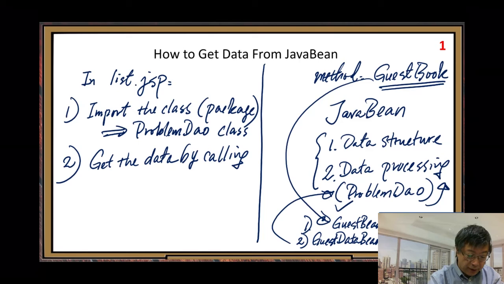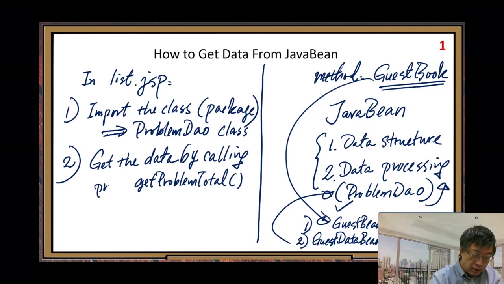Remember, we have a method getProblemTotal, something like that, on some object. Probably we can go probDAO dot, and assign it to a variable. Total, for example, an integer variable, int, equals.